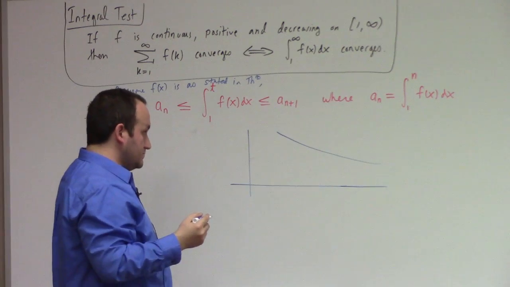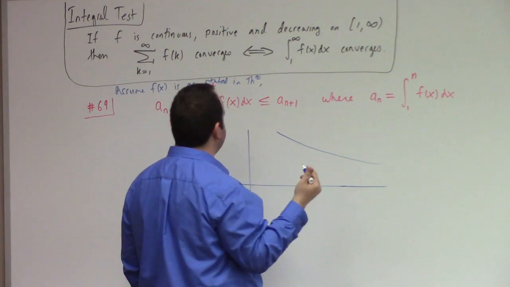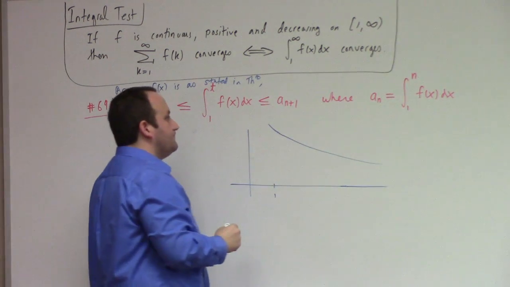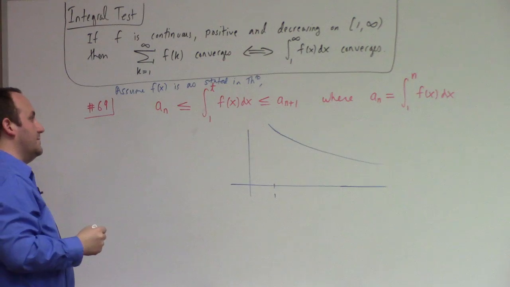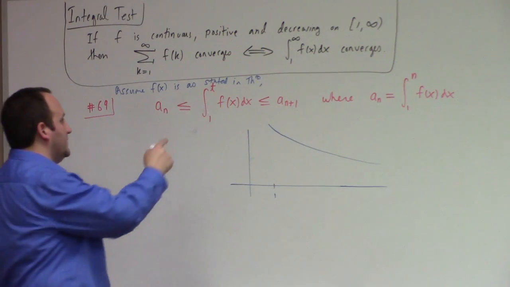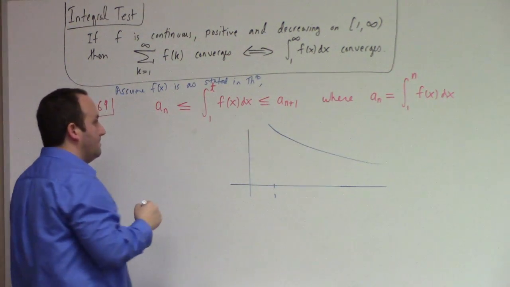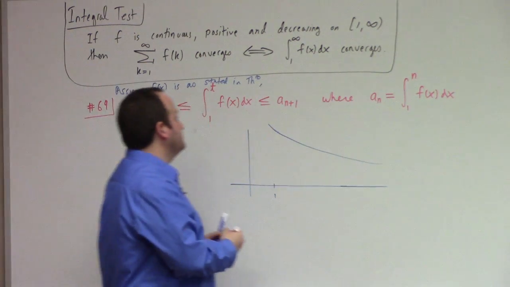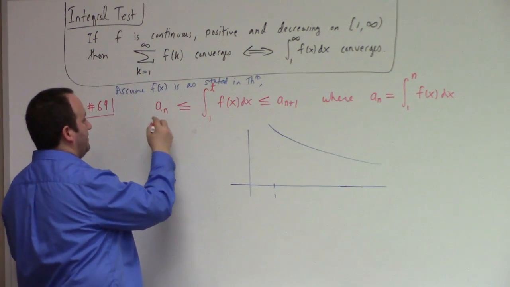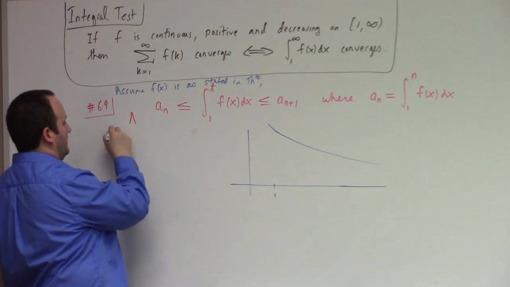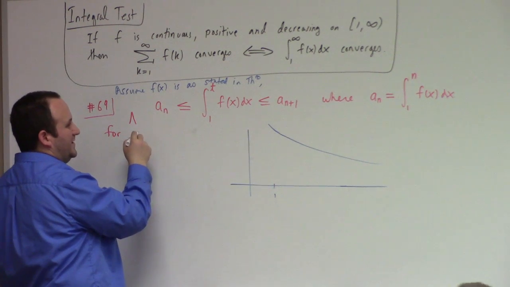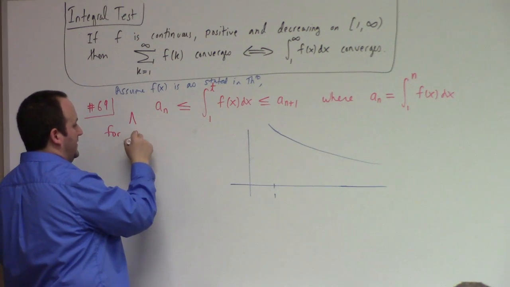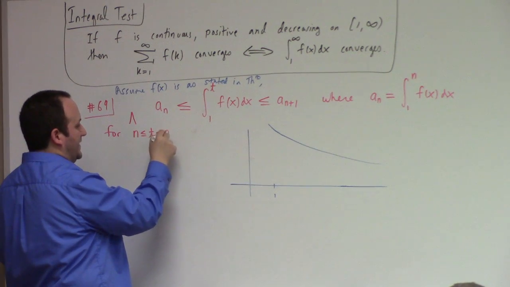So if you calculate the integral from, say, 1, and this is only for certain t. What t is this true for? I think if I remember right, it's for n less than or equal to t less than or equal to n plus 1.